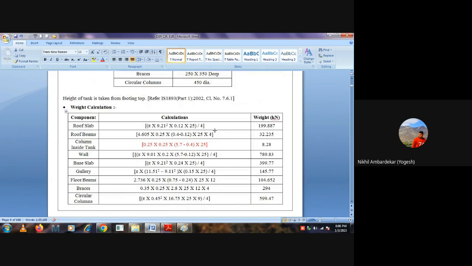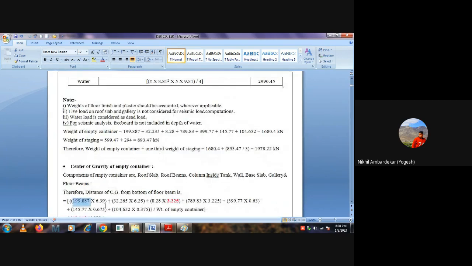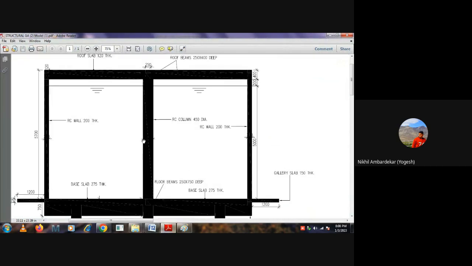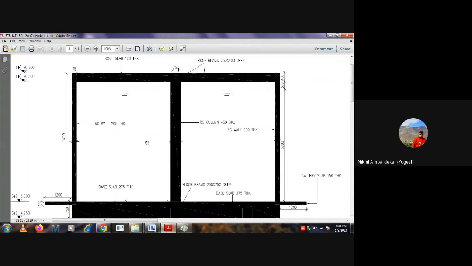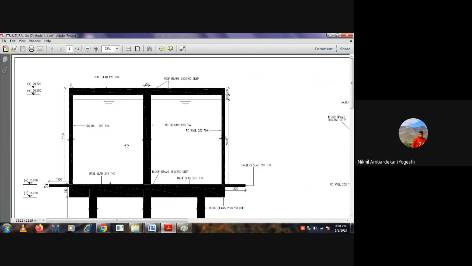199.887, that is the roof slab, into 6.39. Can you tell me how I am getting this 6.39? Can you see all the dimensions here? Yes, sir. So what will be the CG of the roof slab from the bottom of the roof beam?